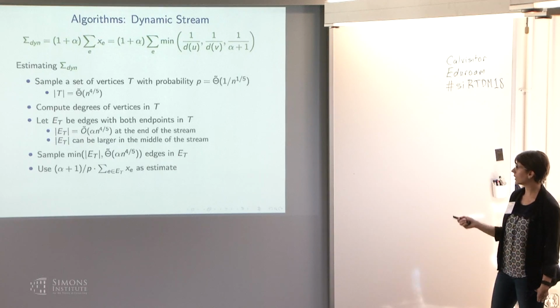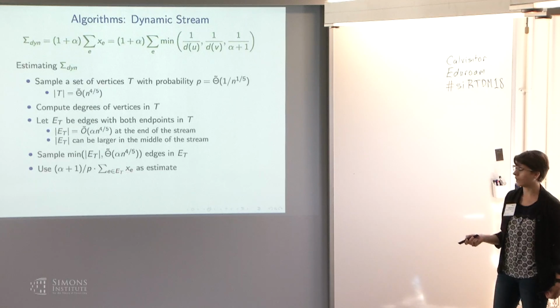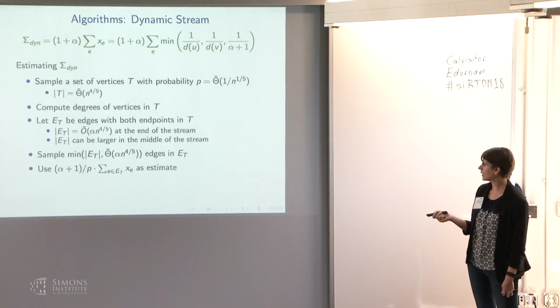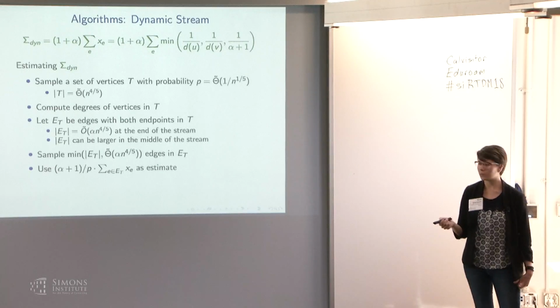And so for our estimation of sigma dynamic, we will just use our weights x sub e on those edges in the set E sub T. And we can compute those weights because we know the degrees of vertices in T. I'm not going to prove that.